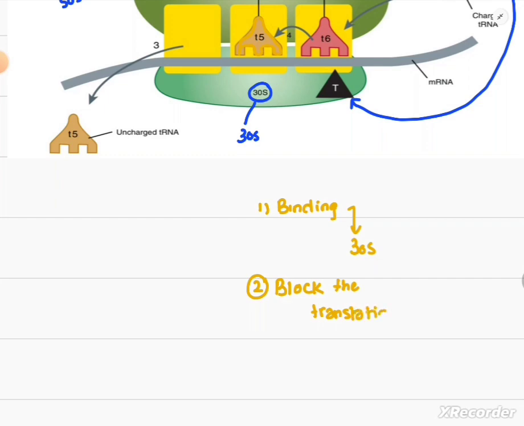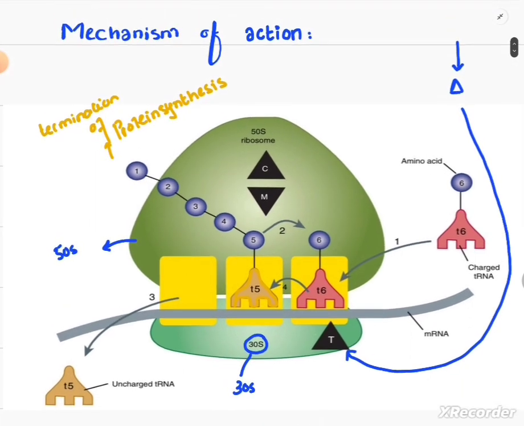It has a very simple mechanism of action. It binds and prevents the binding of the amino acids or the cross-linking between these chains, and this step is inhibited. So no further protein synthesis occurs. So this is how it has the antimicrobial effect.